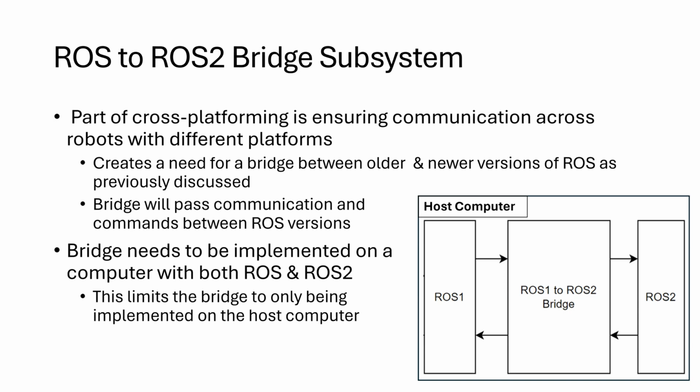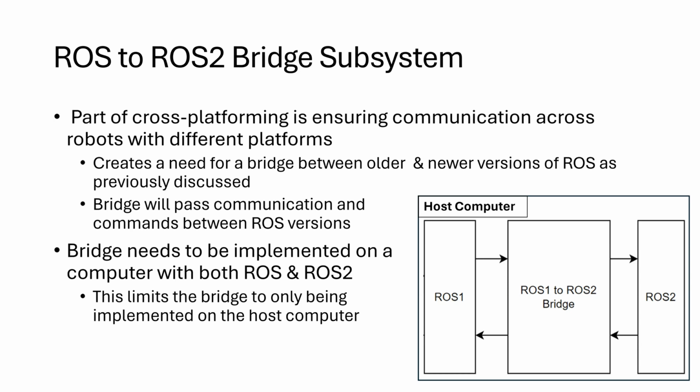Since the TurtleBots run on ROS Melodic and the host computer is going to be running on ROS2 Foxy, this bridge is needed to facilitate communication between the two. This is also needed for any kind of cross-platforming that you're going to do. If you have a robot that uses a different version, you're going to need some form of bridge to facilitate any kind of communication between the host and the robot.